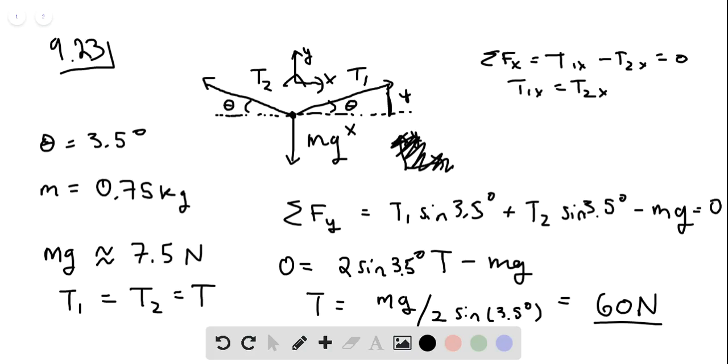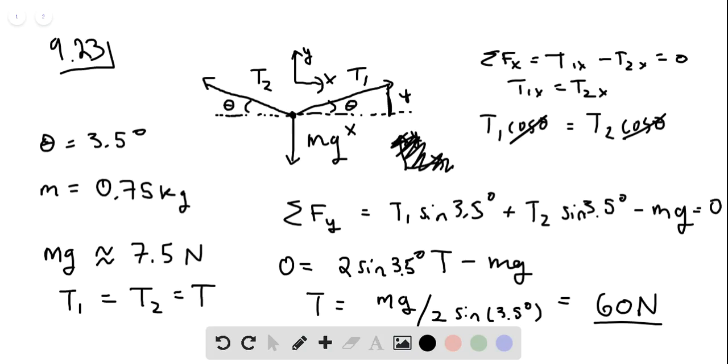To find T, we know from the x condition that our tensions are essentially the same. Taking this relation a little bit farther shows us that T1 does equal T2 here.